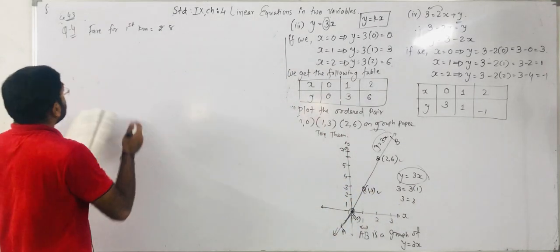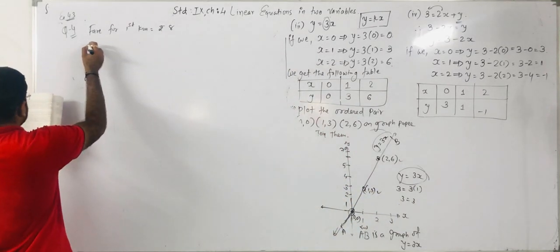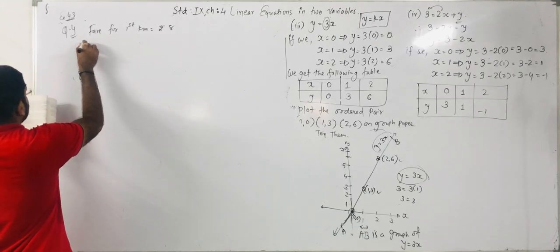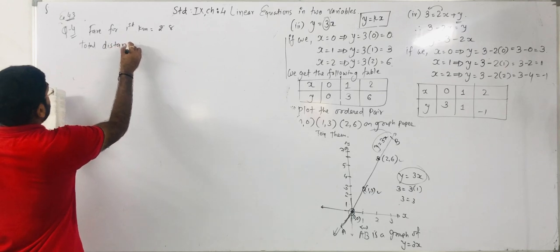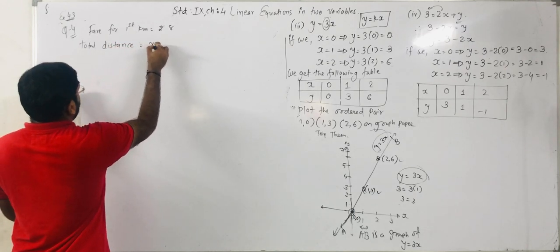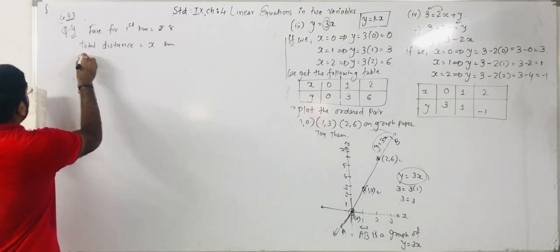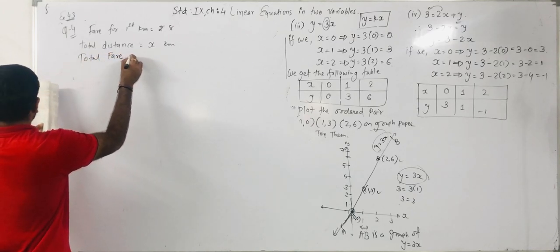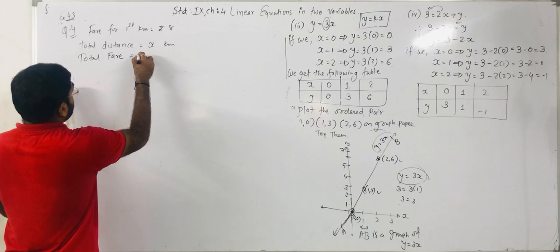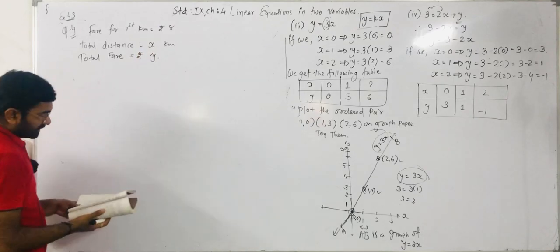Okay, so here it is given the total distance is equal to x kilometer and total fare is equal to rupees y.